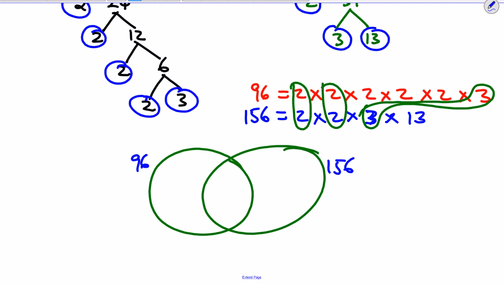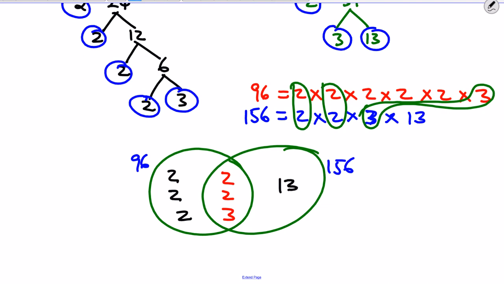I have 2 pairs of 2, so I'll have 2, 2 there, and then 3. Just in 96, I will have 2, 2, and 2. Just in 156, I will have 13.